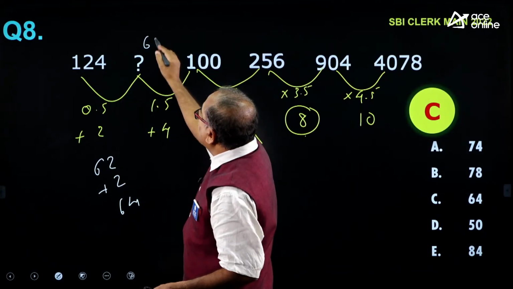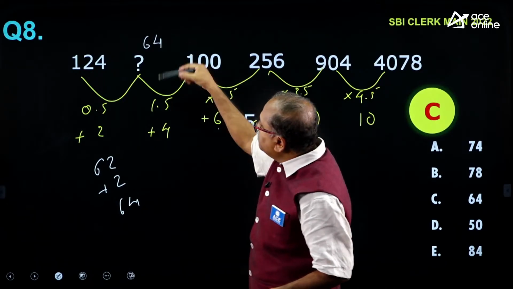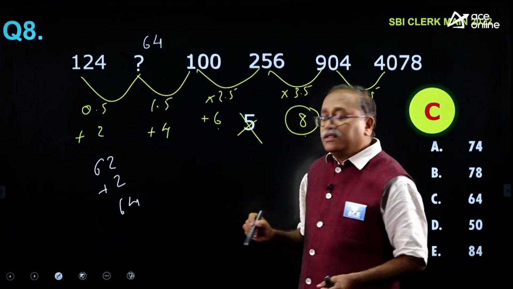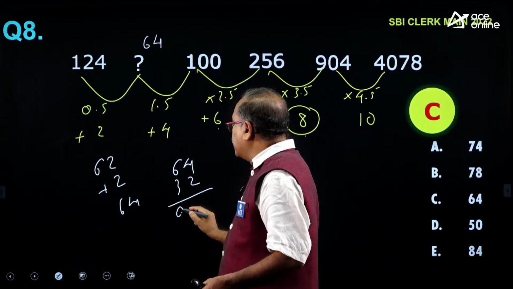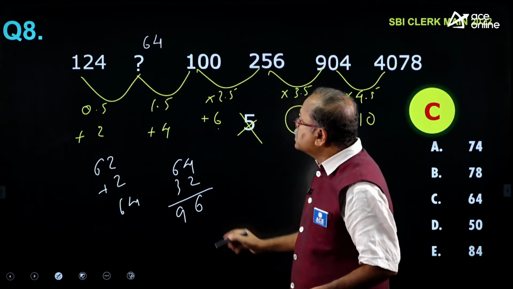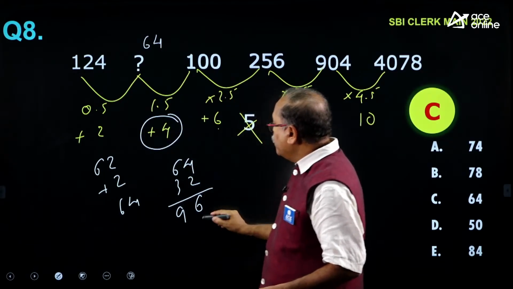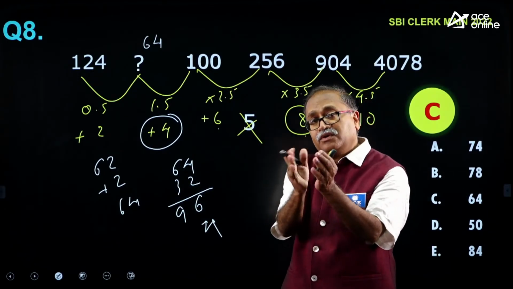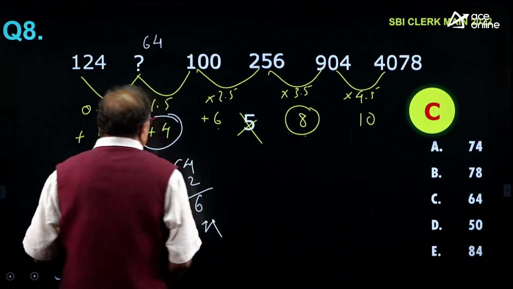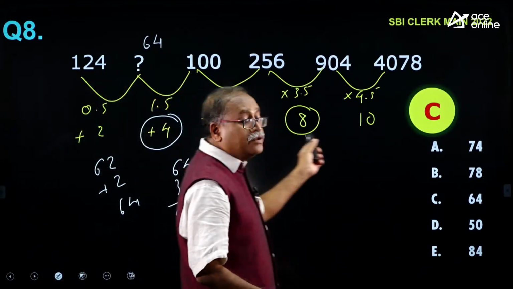So, let us take that this is 64, and when I multiply 64 with 1.5, then 64 plus half of 64, that is 32, I am getting 96 and this plus 4. So, am I not getting 100? Yeah, that is right, beautiful logic you applied. So, this is the logic over here.